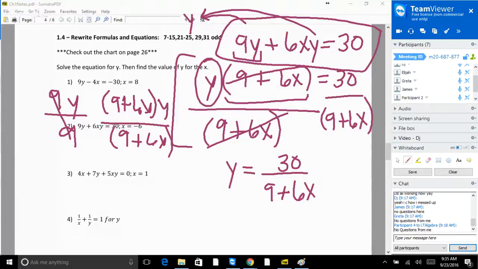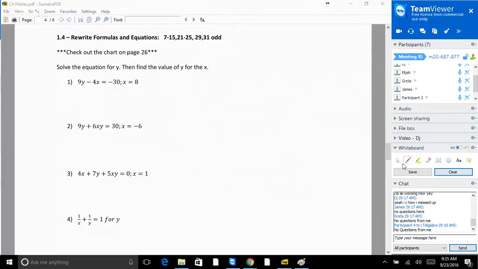Okay. So let's try number 3. It kind of reiterates this again. We have 4x plus 7y plus 5xy equals 0. Oh, and I apologize.